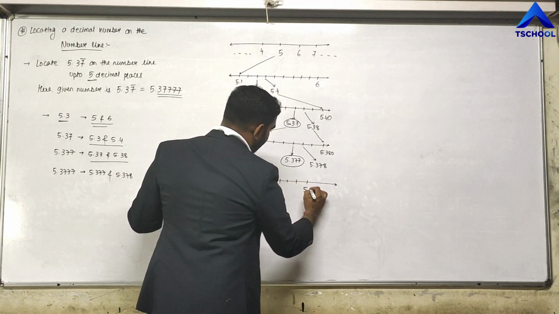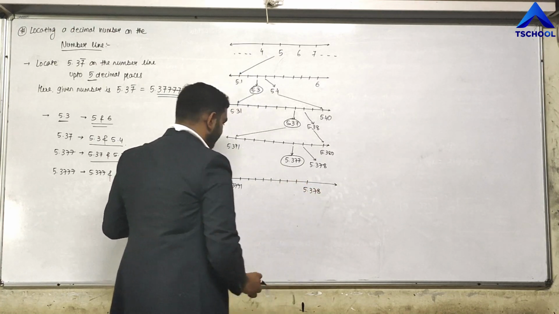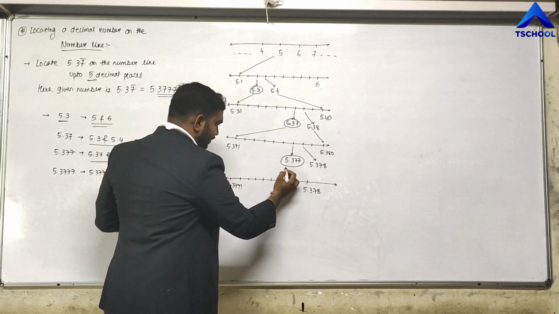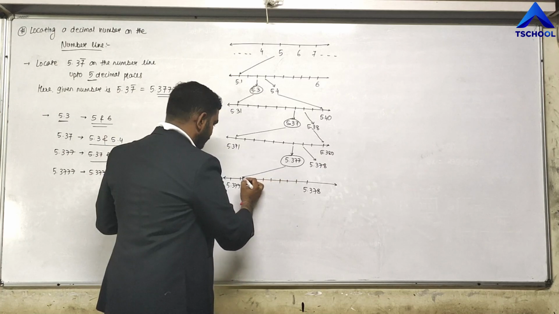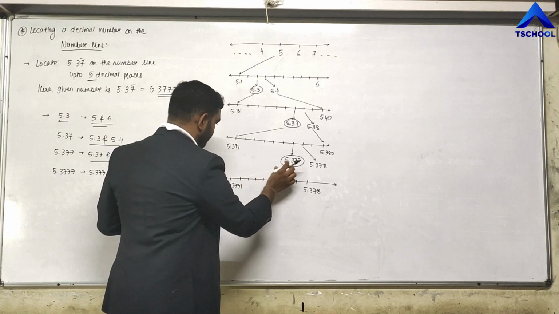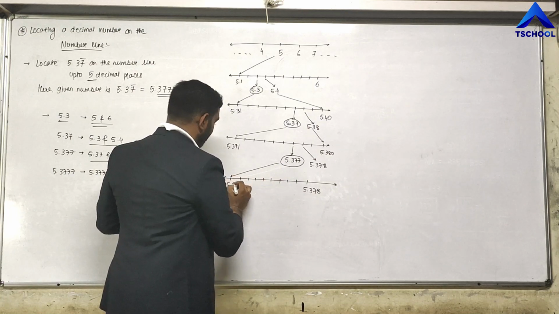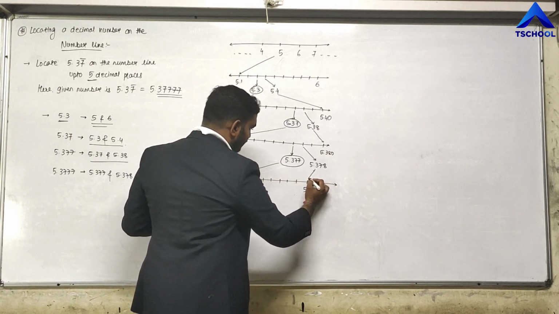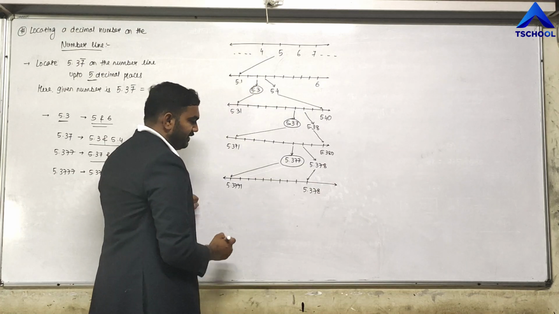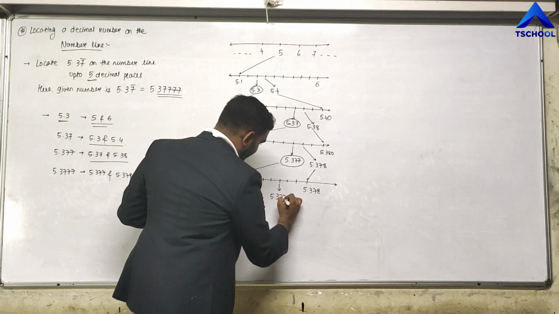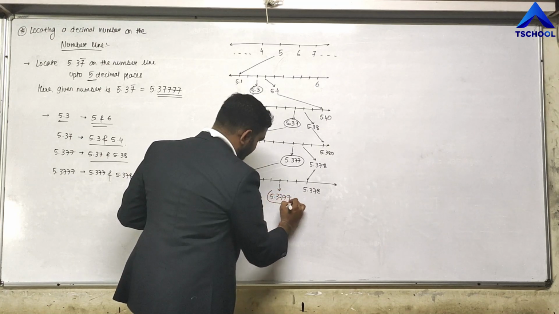That is 5.378. Right? Is it clear, friends? So this will be 5.3771 and 5.378. This is the number 5.3777.